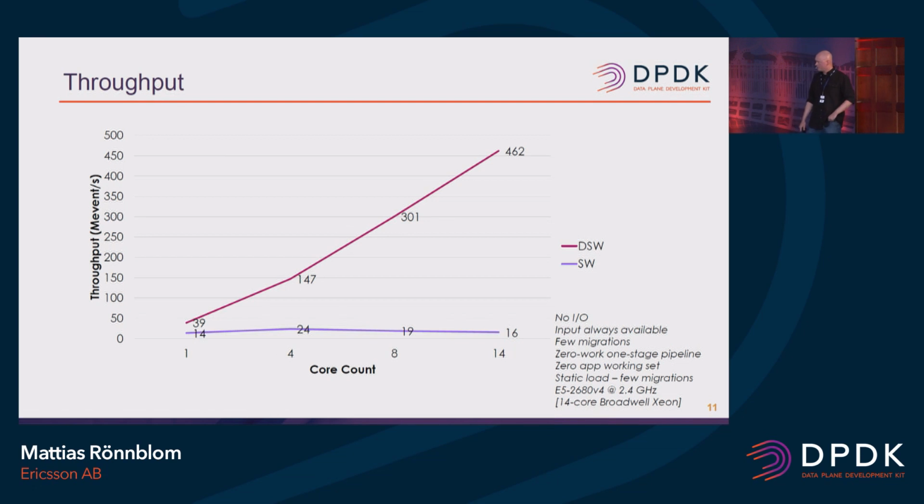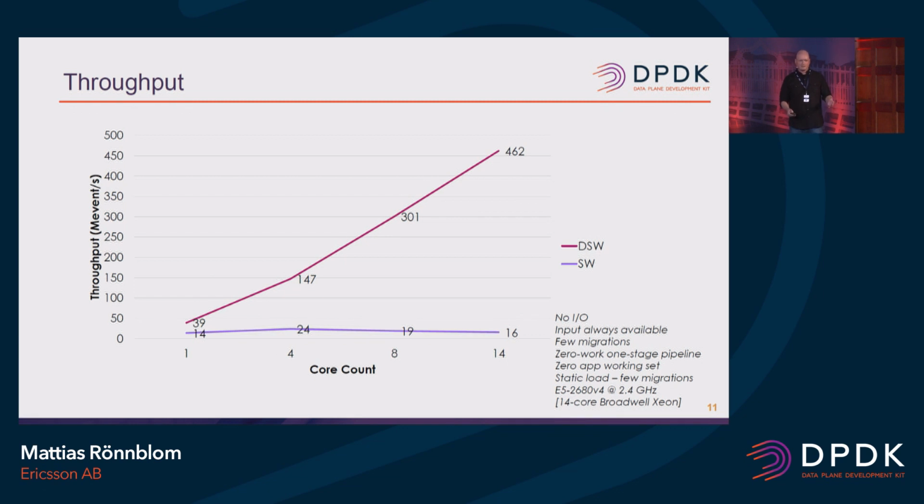Now I'm going to present some throughput numbers. This is done with a test application, which is a simulated pipeline. It has no real I/O, no real mbufs, no real Ethernet devices. Input is always available, so it's kind of an overload scenario.